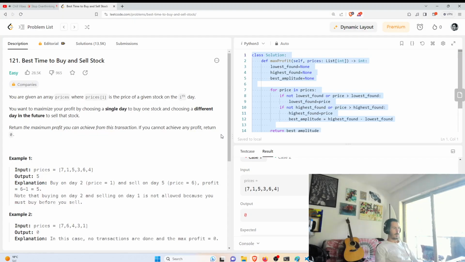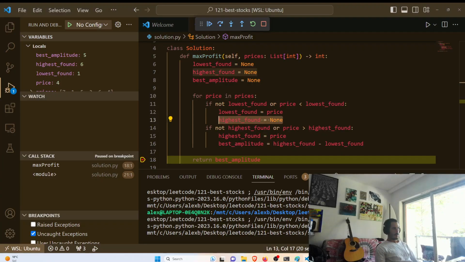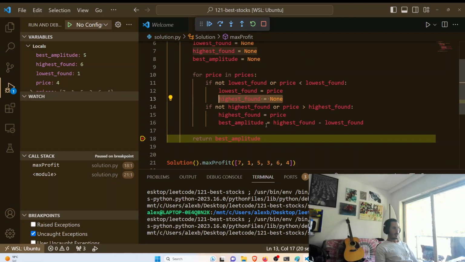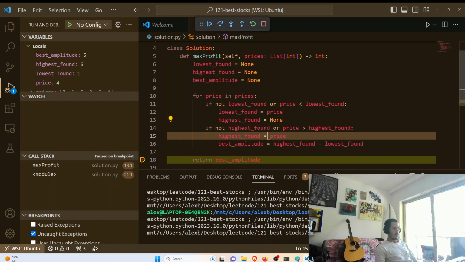Because otherwise we would find 7 is the highest, then we find the 1, okay, this is a new low. But then we'll never find anything higher than 7, but we need to find anything higher than 7 beyond 1. So that's what we do.